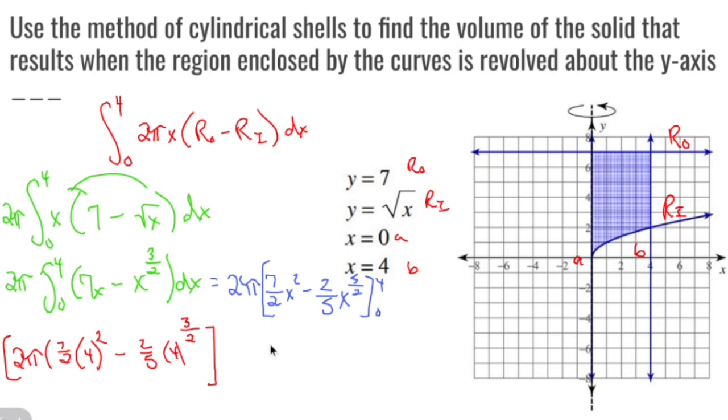Just making sure I didn't miss anything. Minus that guy, plug in 0. Now let's use common sense here. 2 pi times 0 minus 0 is going to be 0, so that whole thing will become 0. Let's just get rid of it.